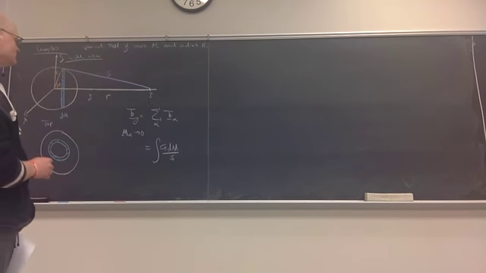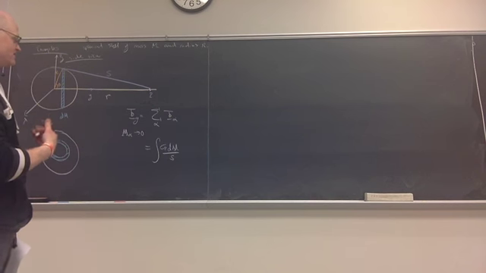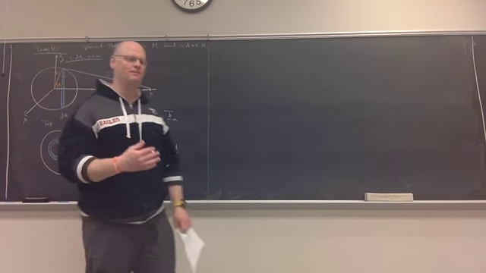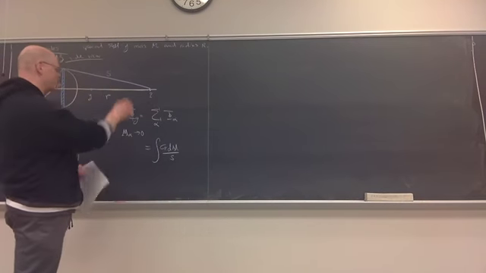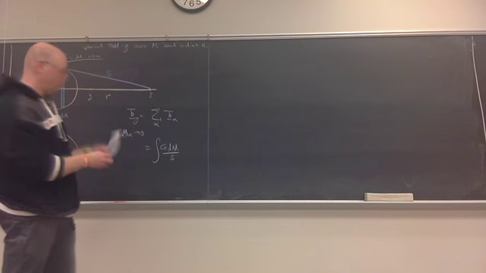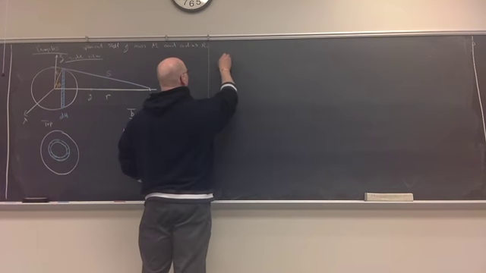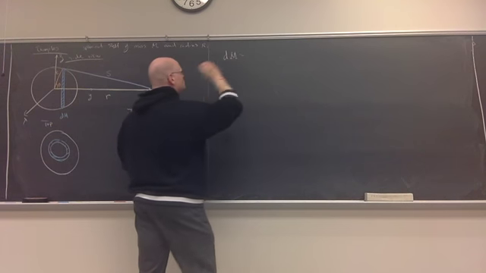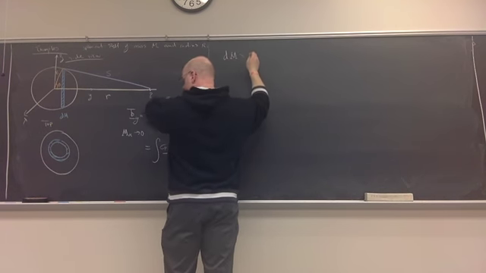Now, good. G, of course, is just simply equal to a constant. dm, as we've done before, we're going to write that in terms of a geometry type integral. So in this case, since I'm chopping it into a ring, we're going to write then that dm is going to be equal to what?